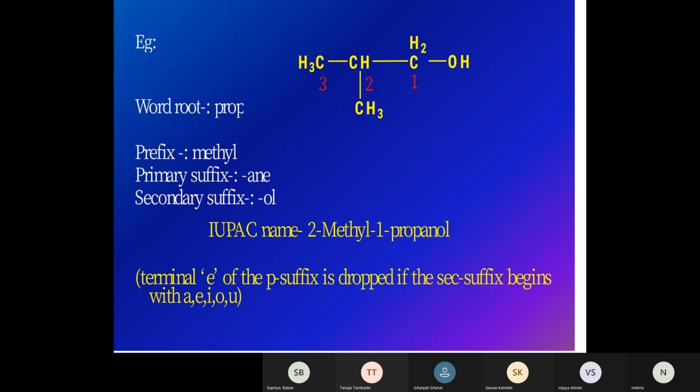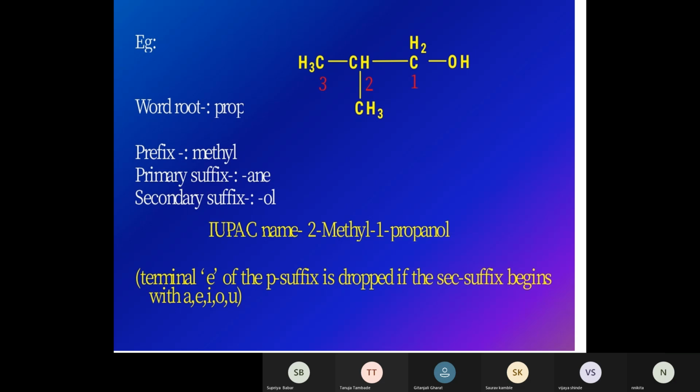Then there is a 1, and again a hyphen. After the word there is a hyphen, then again that 1. So 1 propanol. That 1 denotes the functional group position, like the OH, which is attached to the first carbon atom.